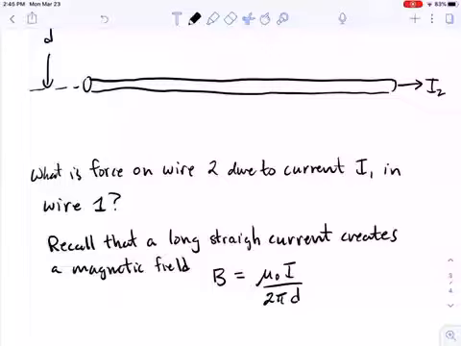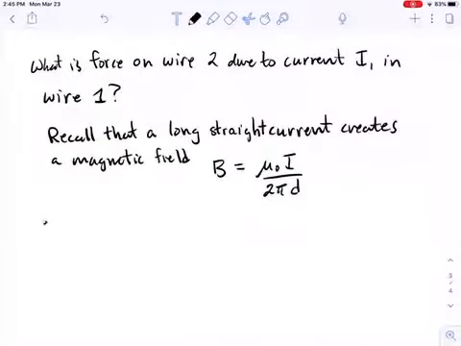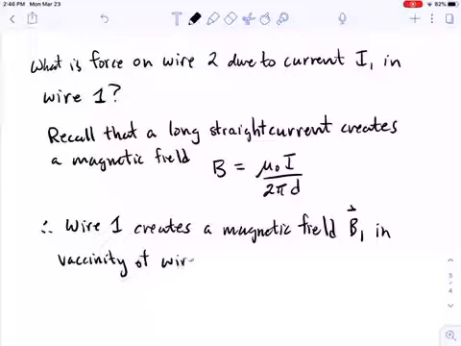Okay, so that means that, say, wire 1 with current I1 is going to create a magnetic field in the vicinity of wire 2. So therefore, wire 1 creates a magnetic field, let's say B1, in the vicinity of wire 2.